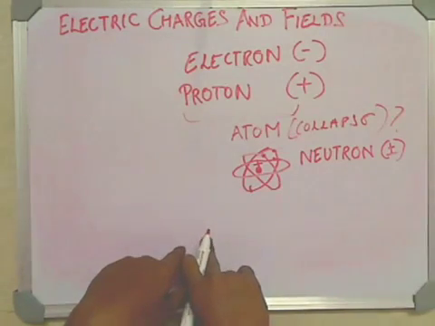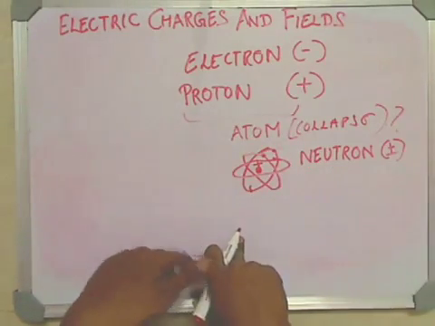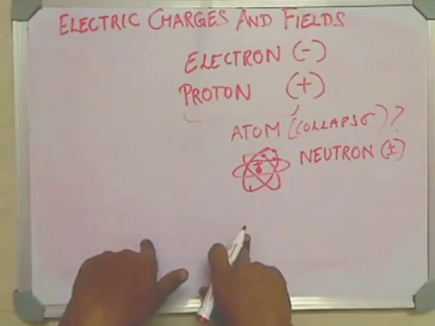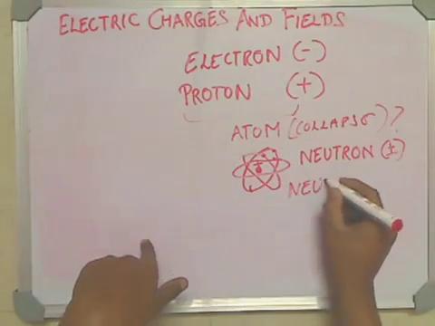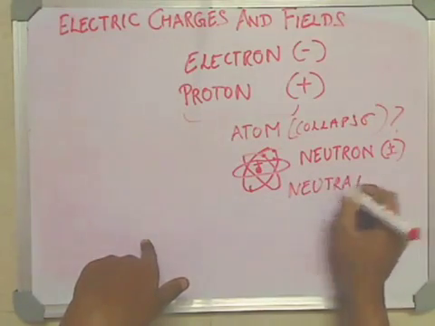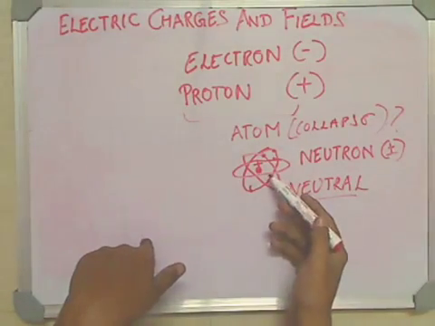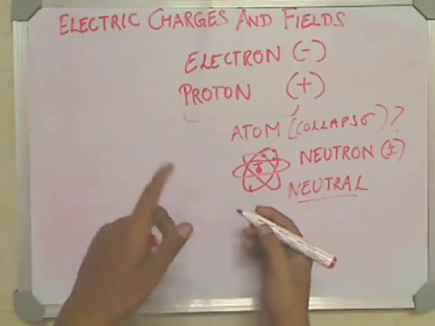When you have electrons move or when you have protons move, as in the case of hydrogen, that's when you have electric charges being generated. Now, in most cases, any object is neutral in terms of charge. I say neutral because the number of protons it has versus the number of electrons is equal.